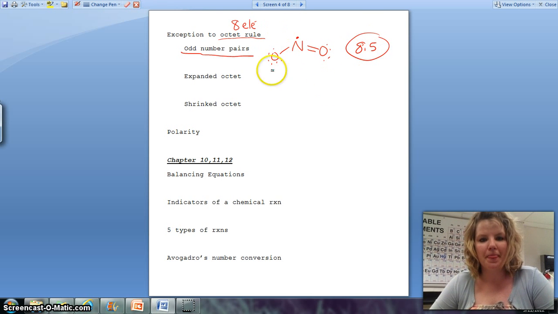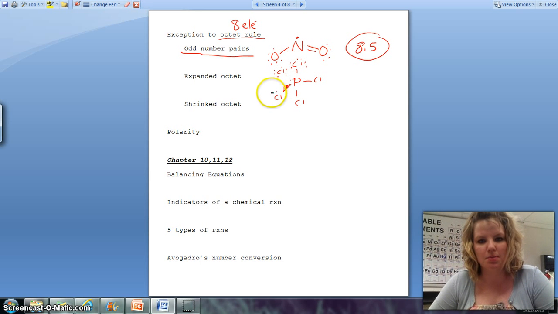The expanded octet is one of those, like PCl5, when it's the octahedral shape. We have 1 up, 1 down, 1 out to the side, 1 going back, and 1 coming forward. So if we're going to do something like this, this is an expanded octet. That's way too many electrons for phosphorus to be sharing, but in special cases it does happen.